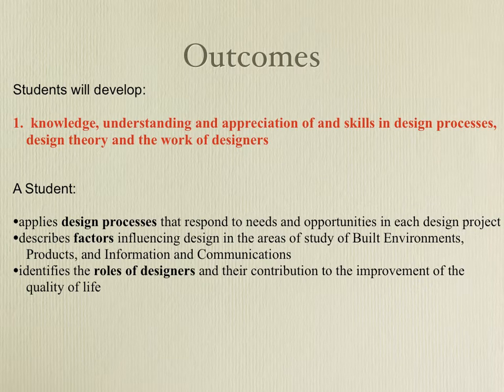So in order to achieve these outcomes, students have to learn about design processes, which include analysing needs, problems and opportunities, establishing criteria for success, researching, generating creative ideas, communicating ideas, experimenting and testing ideas, risk management, managing resources, producing design solutions, evaluating ideas and solutions.